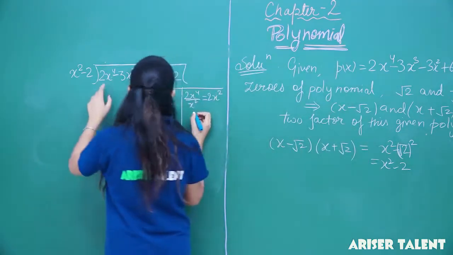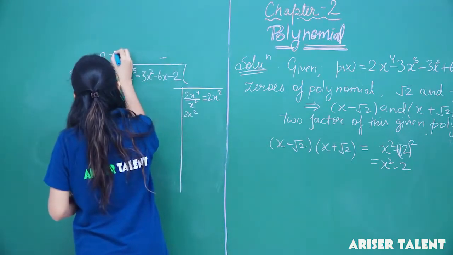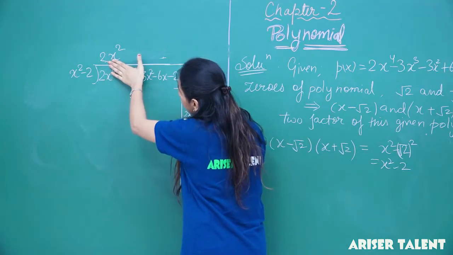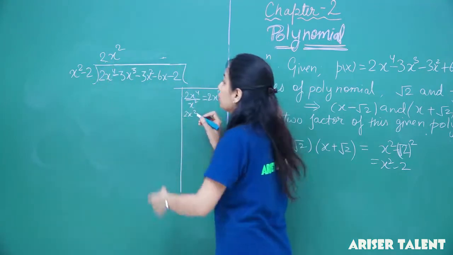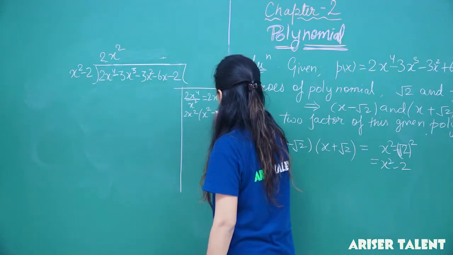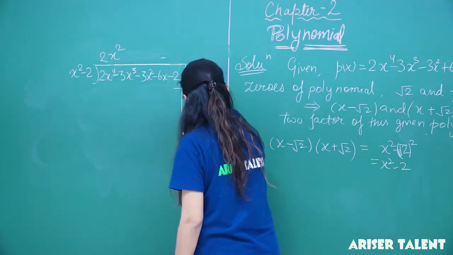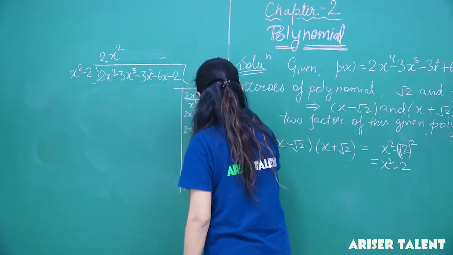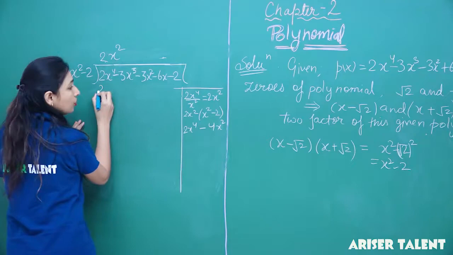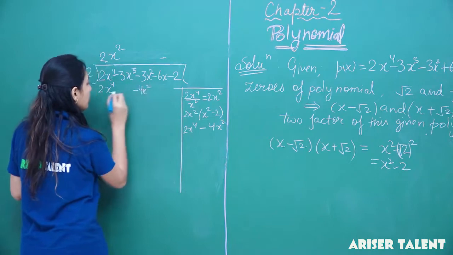Now 2x square, you have to just write this term here, and now multiply 2x square by x square minus 2. It will give you what? 2x to the power 4 minus 4 of x square. Okay. So write it here, 2x to the power 4 minus of 4x square.